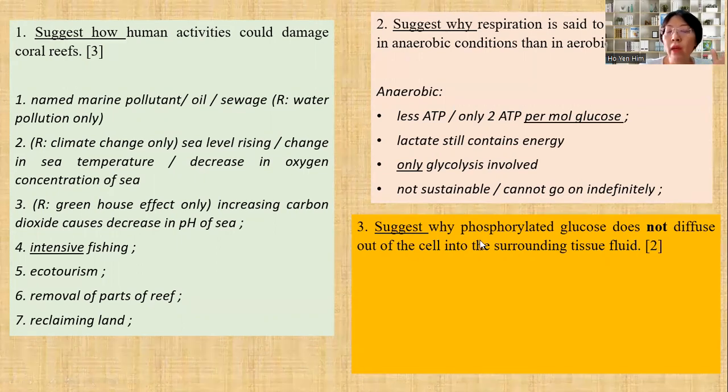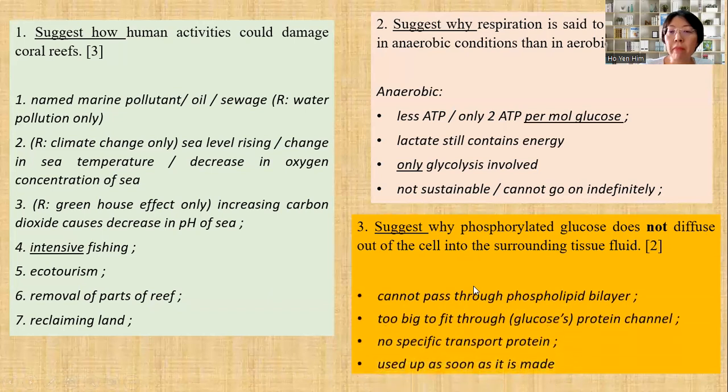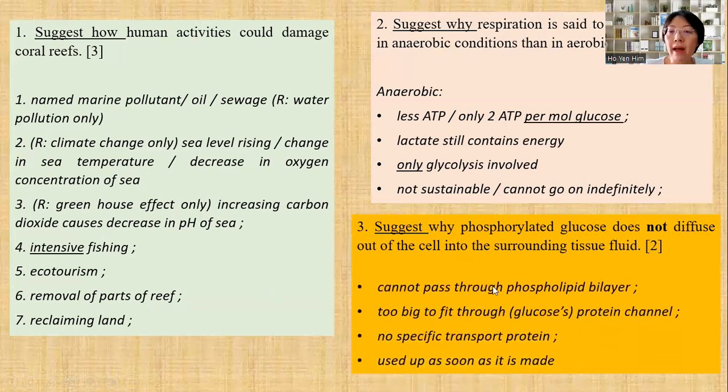You need to know both aerobic respiration and carrier protein, and also the size of the molecule, how it affects passing through the membrane. So the answer is it cannot pass through the phospholipid layer because it's too big to fit into the protein channel. It should be a carrier protein, okay? There's no other transport protein for phosphorylated glucose, and it is used up as soon as it is made, meaning as soon as it is made it is converted to fructose bisphosphate.